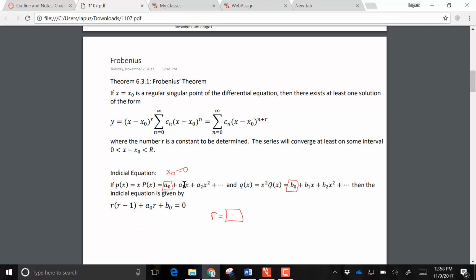So if we write out the polynomial series for little p, and also write it out for little q, then those two constant terms for little p and little q will be your a naught and your b naught. And if you write your a naught and your b naught in your indicial equation, then this is going to be the second degree quadratic polynomial that we're going to try to solve for.